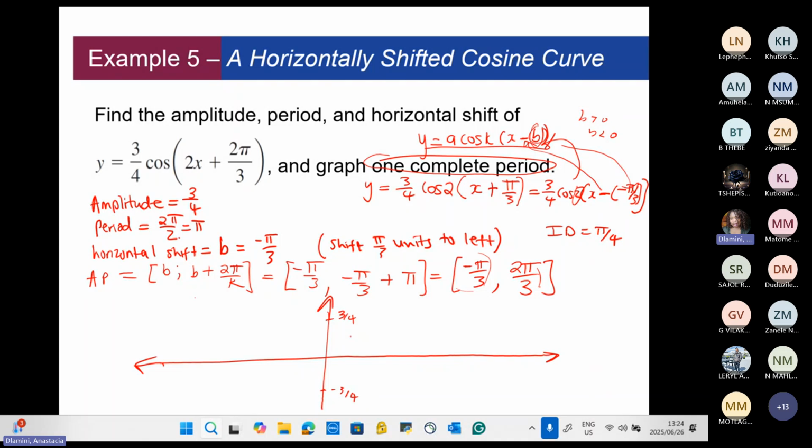Now we have to start at negative pi over 3 and end at 2 pi over 3, but we have to add pi over 4. So let's add: negative pi over 3 plus pi over 4. What do we get?